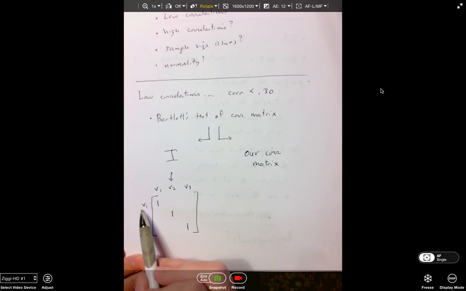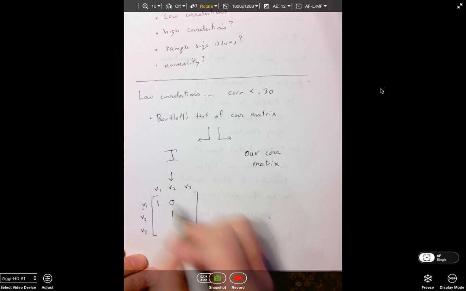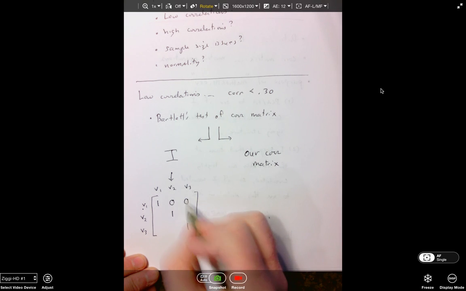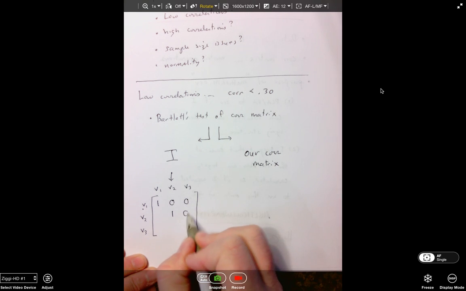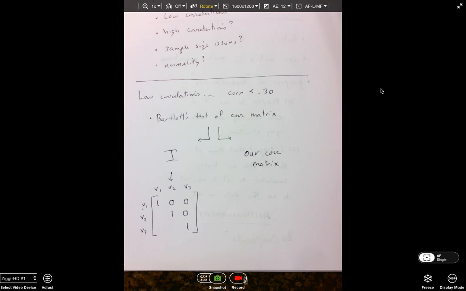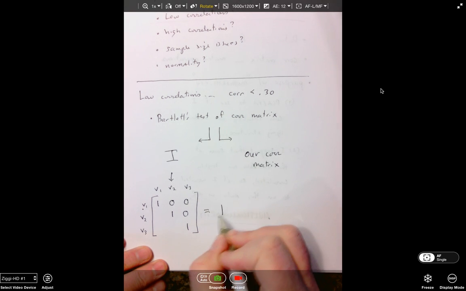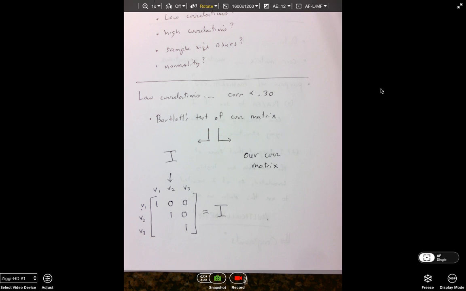But let's assume that V1 and V2 aren't correlated, V1 and V3 aren't correlated, and V2 and V3 aren't correlated. Well, if you think about it, we would have exactly the identity matrix.